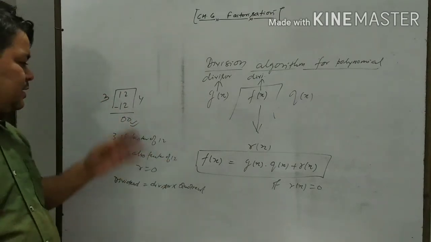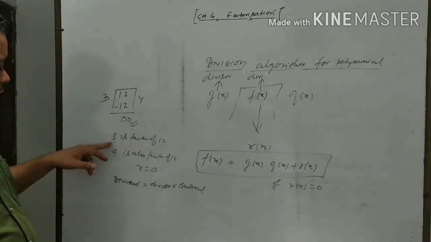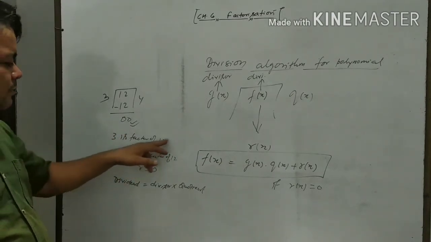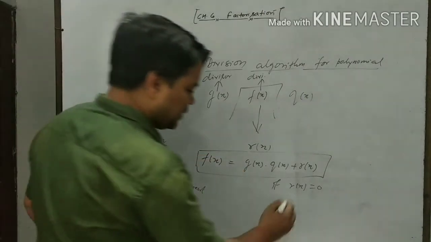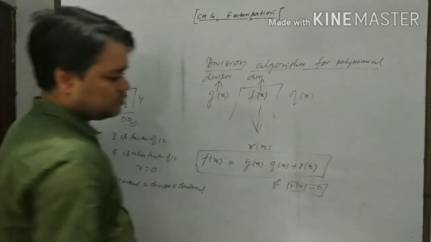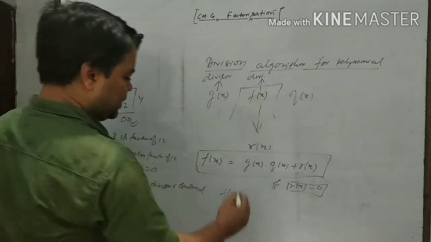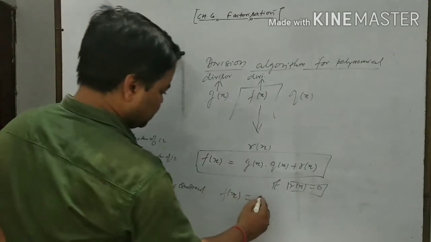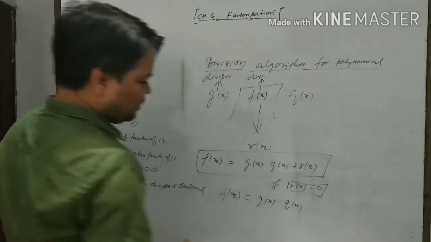Exactly divided means the remainder will be 0. In that case, we can say 3 and 4 both are factors of 12. Similarly, here also, if the remainder is equal to 0, then we can write: dividend fx is equal to divisor gx and qx.